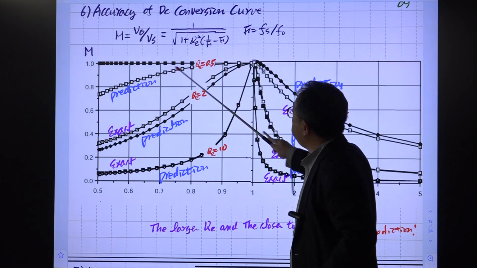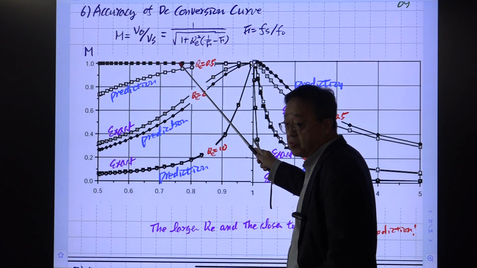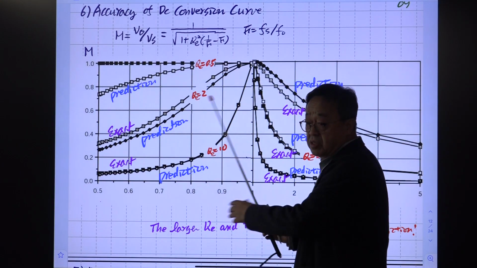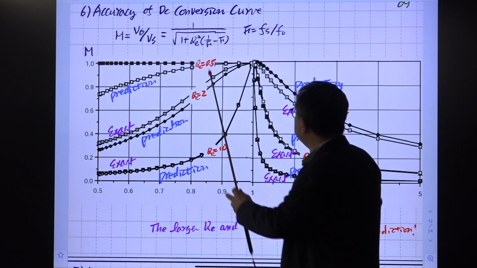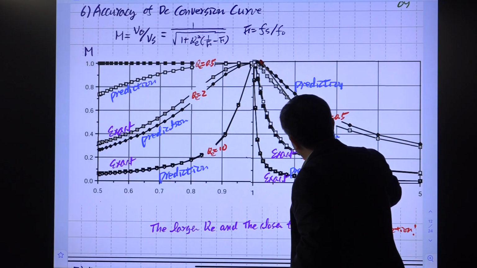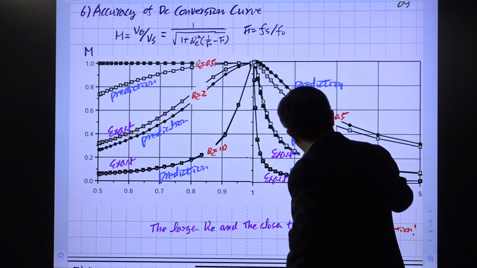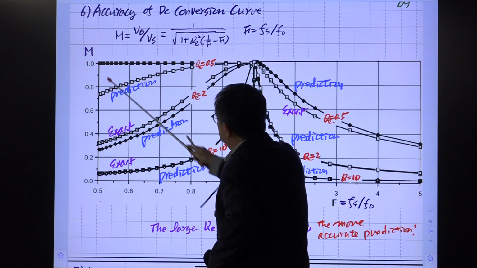So it has a huge error. This is entirely garbage here, but that is the limitation of the sinusoidal approximation. Because we assume everything is sinusoidal, it might be true in this region and reasonably true in this region, but it is entirely false in this region.